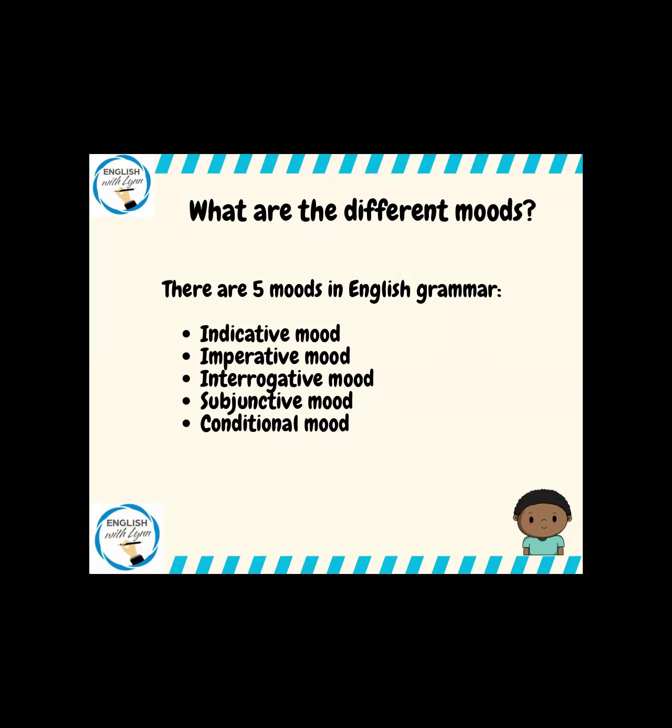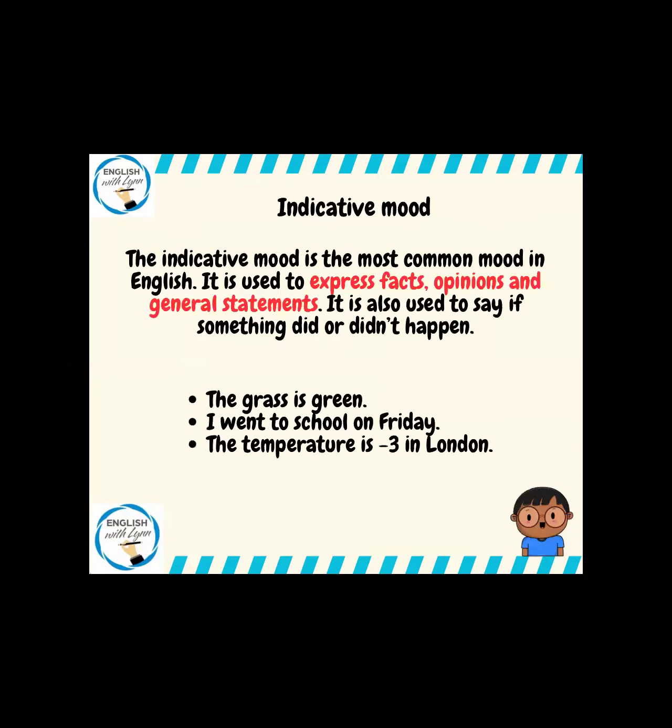So the first one, the indicative, this is the most common mood in English, and it is used a lot to express your facts, your opinions, and general statements. It is also used as a positive or a negative.